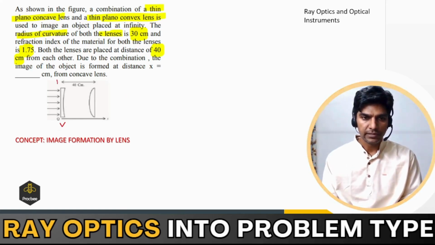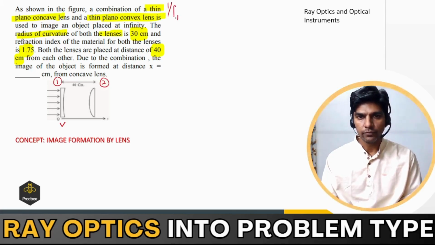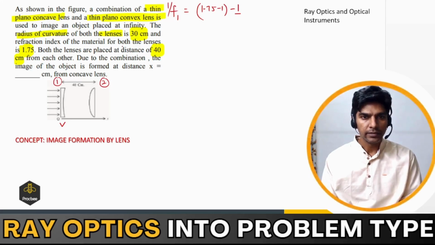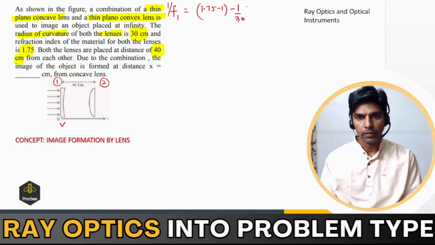So let me call this as lens 1, this as lens 2. So for lens 1, 1 by f1 will be (1.75 minus 1) times, and it's a plano concave, so it will be minus 1 by r, and r is given as 30, right? So it will be negative.